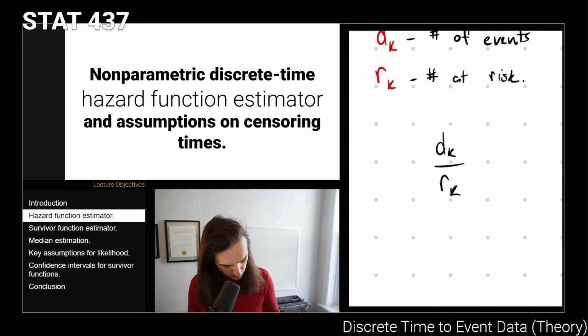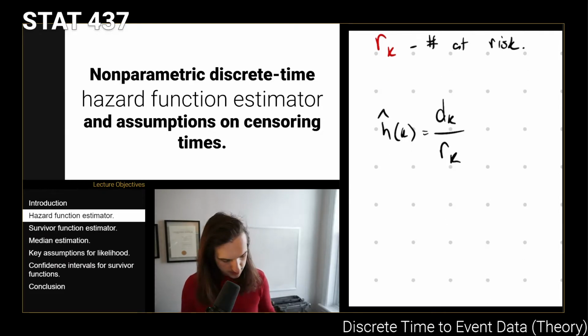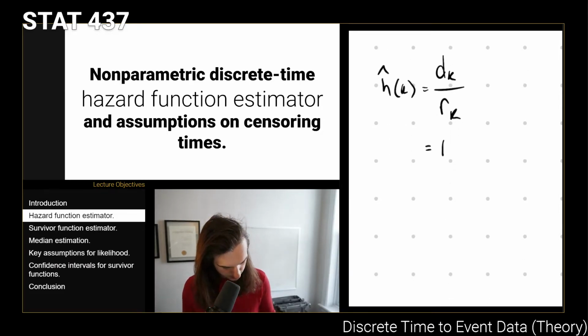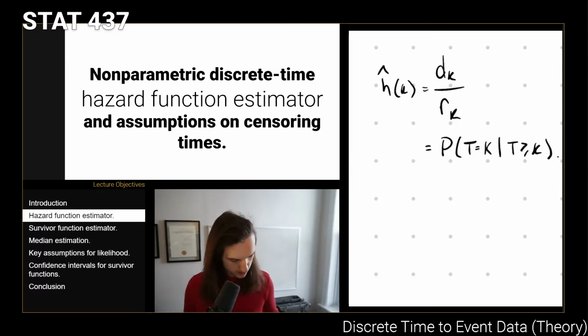This is what we wrote down as our estimator for the hazard function, because the hazard function takes that definition: it's the probability that t is equal to k, conditioned on t being at least k. We know that for all of these rk people, t is at least k, and this is the proportion that equals k for those individuals.